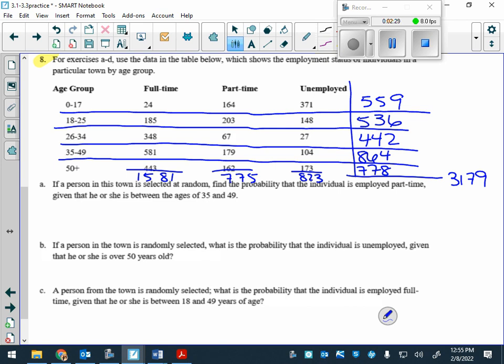So, the reason we do that is we never know what we're going to need. So, if we look at A, if a person in this town is selected at random, find the probability that the individual is employed part-time given that he or she is between the ages of 35 and 49. What do we got?